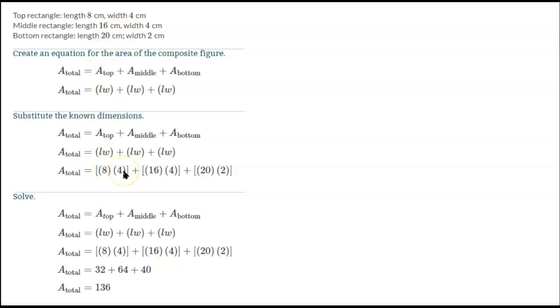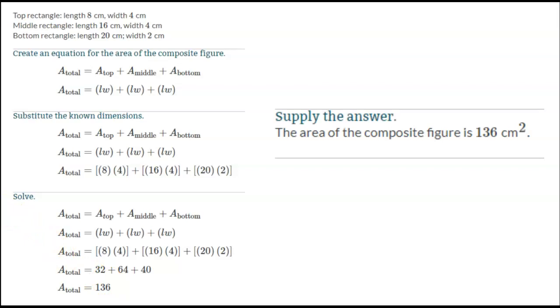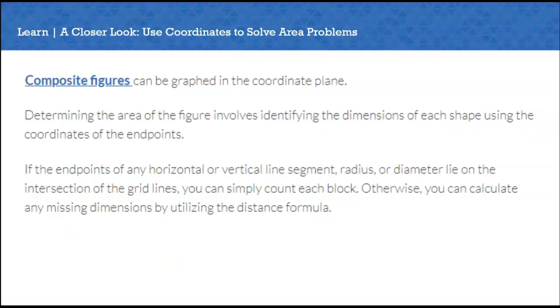Length times width for the top, length times width for the middle, length times width for the bottom. I would get 32 plus 64 plus 40. Now I can add all of those together to find the full area of my composite figure. 136 centimeters squared is the area of the composite figure.